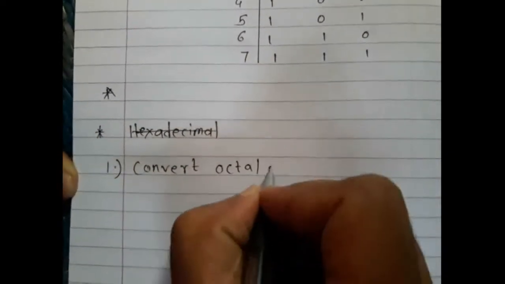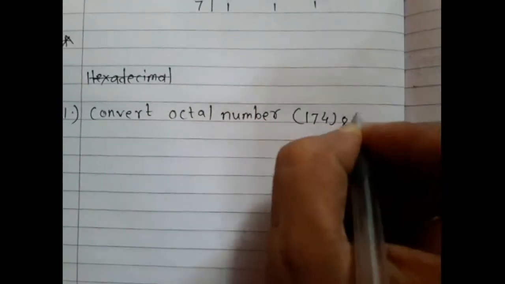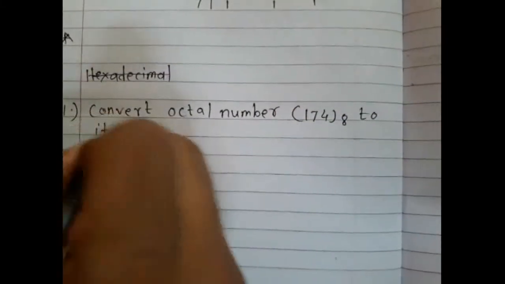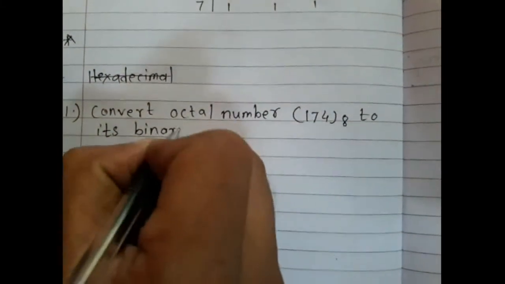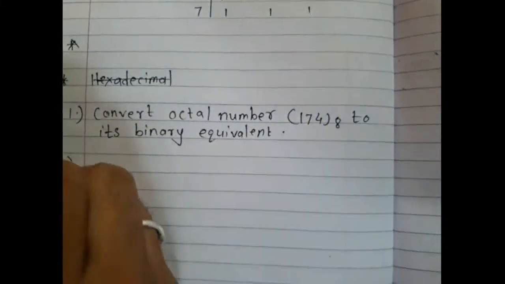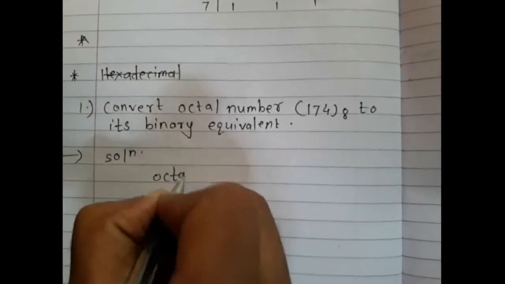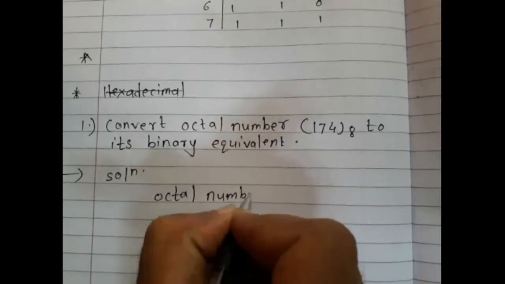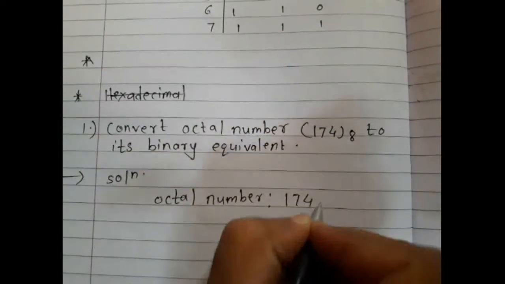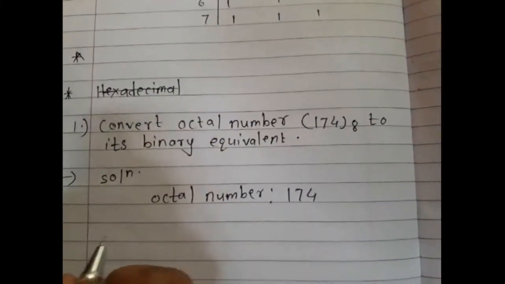Suppose we convert the octal number 174 base 8 to its binary equivalent. Now see the solution. What is our octal number? The octal number is 174. Now see what you have to do.